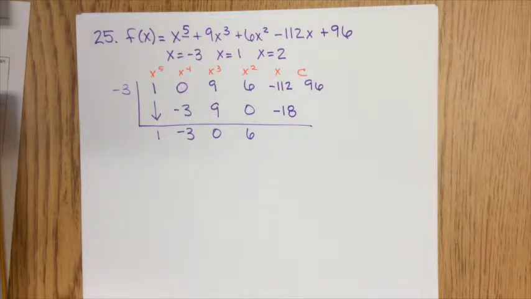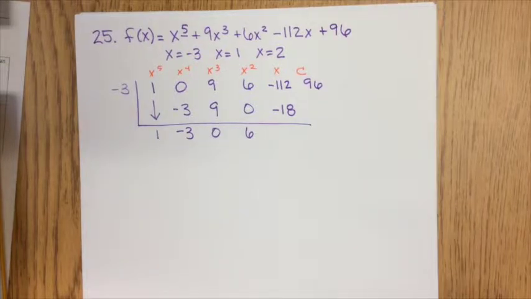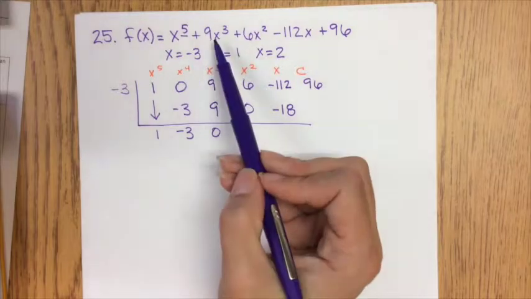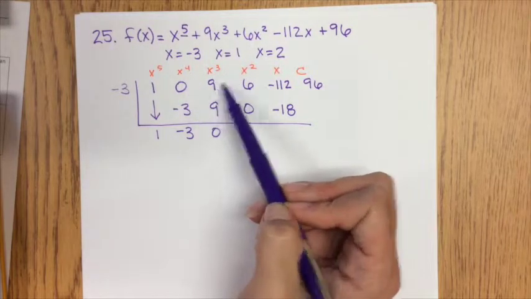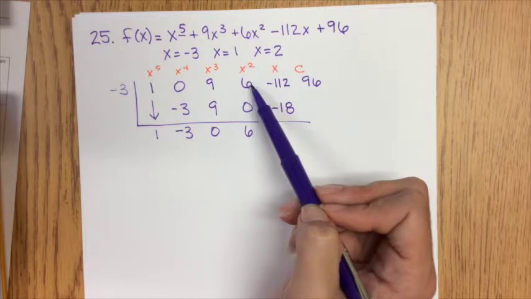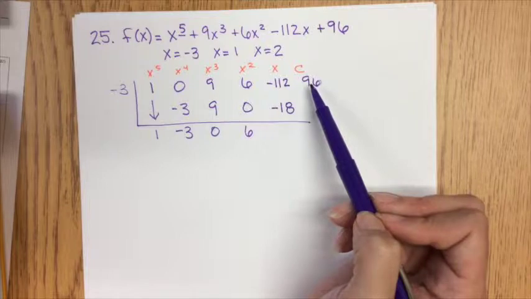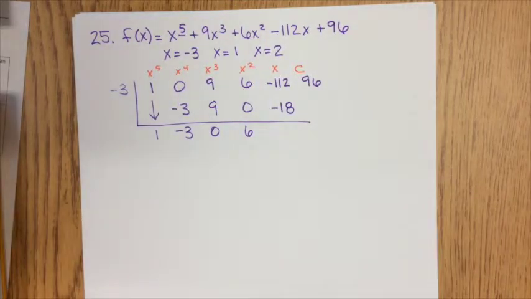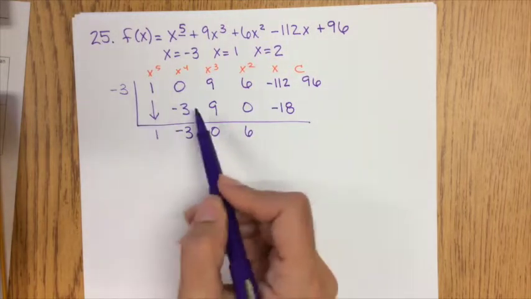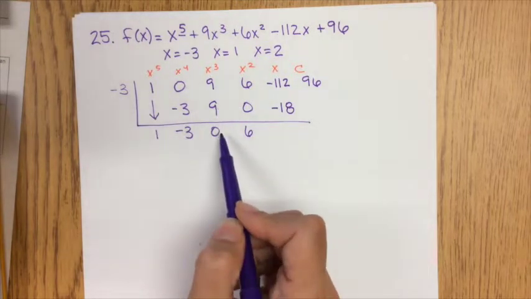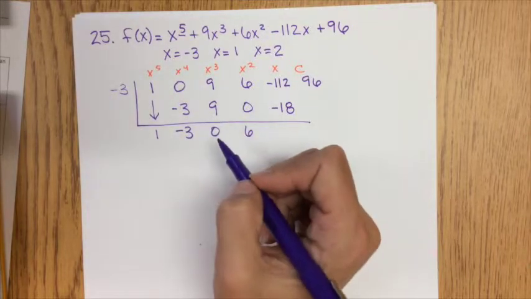Maybe I'm just losing my mind. -112 minus 18 is going to give me, that's not going to work. What happened? 5, 4, 3, 2, 1, constant. Am I using the wrong number? Okay, so go to my table. -3.